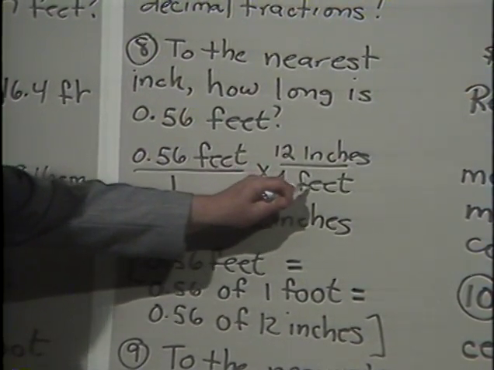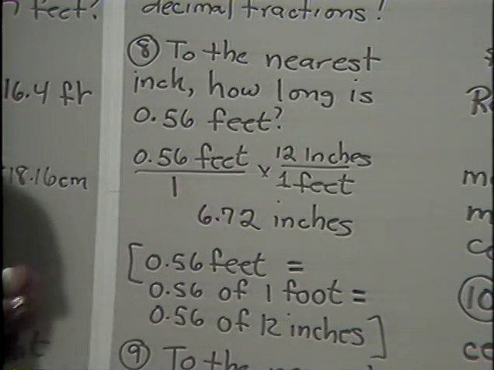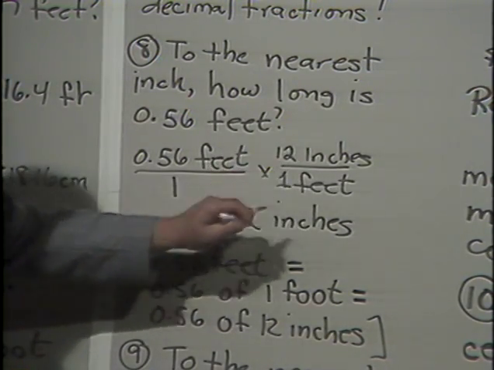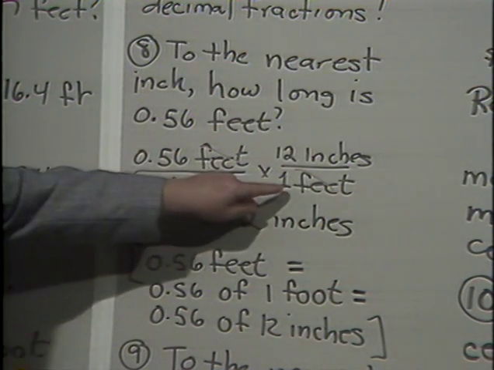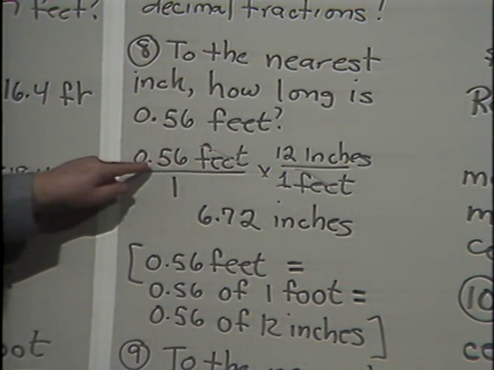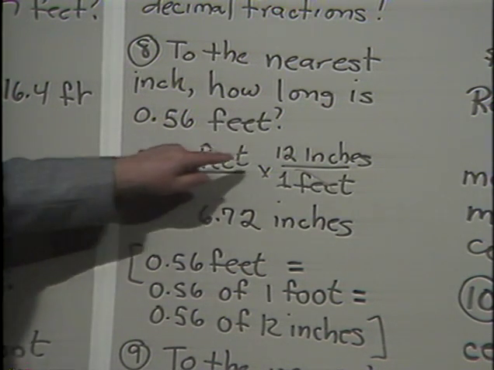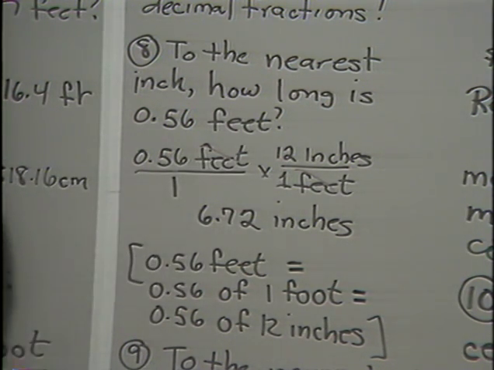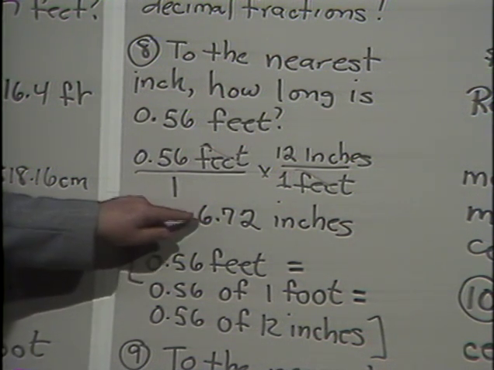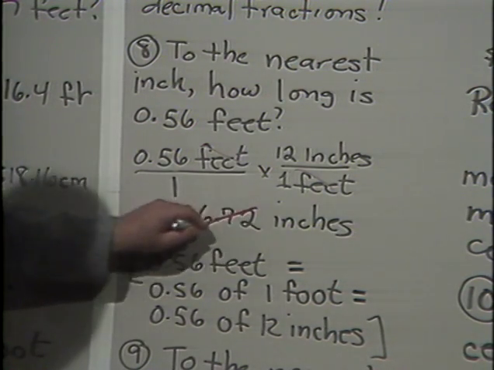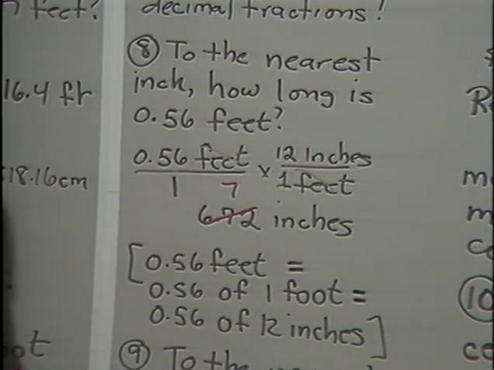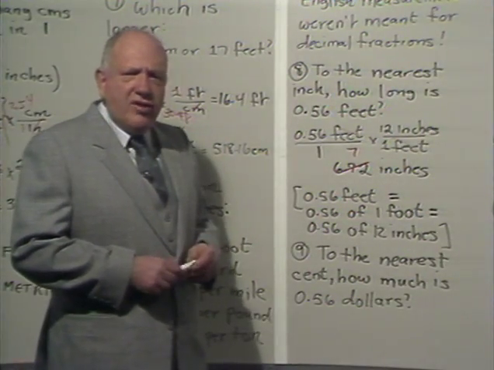Feet's in the numerator, you put feet in the denominator, inches in the numerator, 12 inches equals 1 foot. You cancel the denominations. The denominators are 1, so we forget about that. The numerator is what? 0.56 times 12. That comes out to be 6.72. And so, in other words, to the nearest inch, 0.56 feet is 7 inches. And somehow 0.56 doesn't suggest 7.